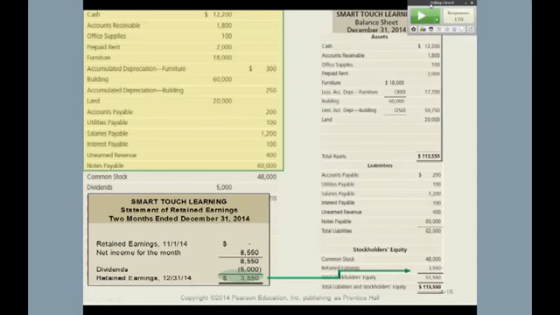You have furniture of $18,000. That's the cost. The accumulated depreciation would be on the credit side. It is not a liability, but it still has a credit balance, and its normal balance is still a credit. And of course, every year or every month, if you're taking $300 per period, you would just keep accumulating that in that same account.